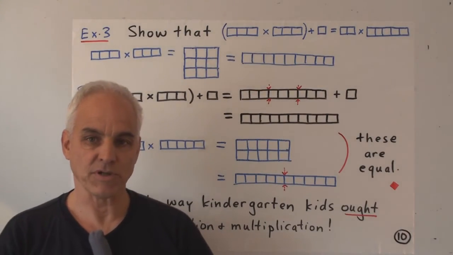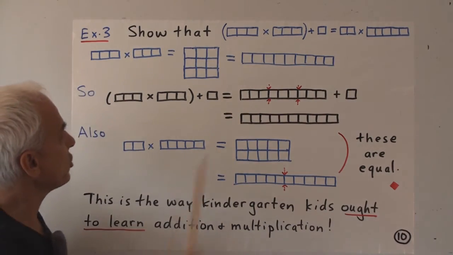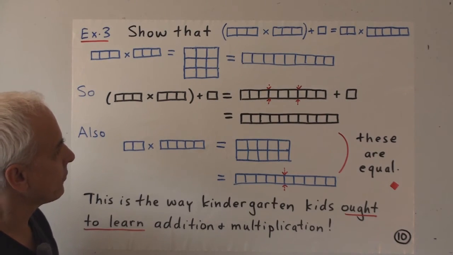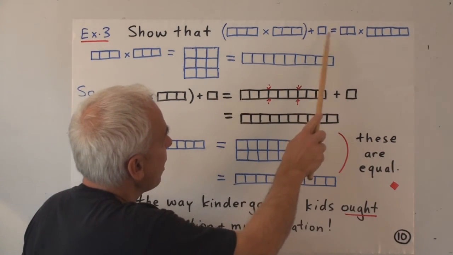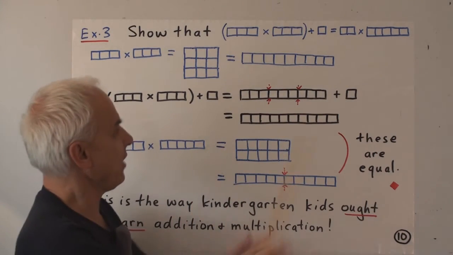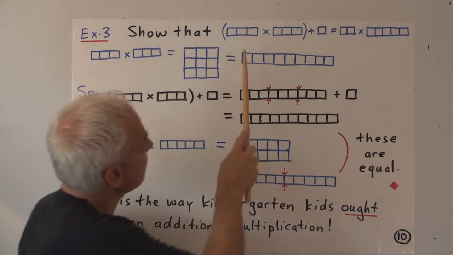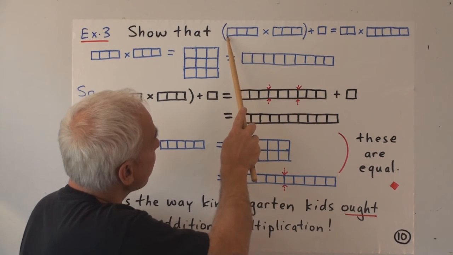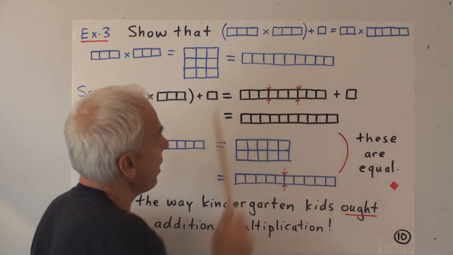This example is a little bit more sophisticated. We're going to try to show this equation. Let's have a look at it. So it's this thing here equals this thing here. There's a left-hand side and a right-hand side. On the left-hand side we have something in brackets. What's inside the brackets is 1, 1, 1 times 1, 1, 1.